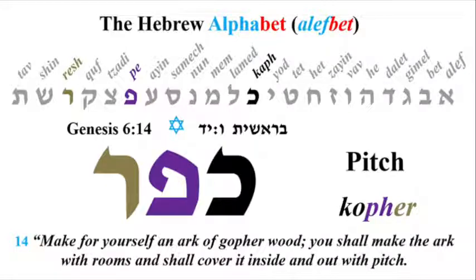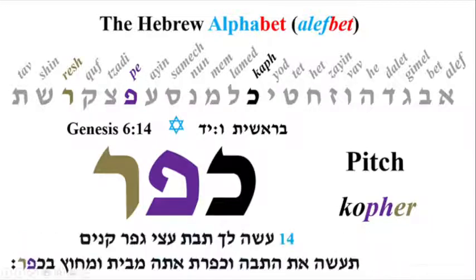You shall make the ark with rooms, and shall cover it inside and out with pitch. Pitch is kopher. It's the only time in the Bible that this word is used to mean pitch, but the kopher here is used to cover the ark. Okay? So there's the idea of a covering that comes with this kopher.